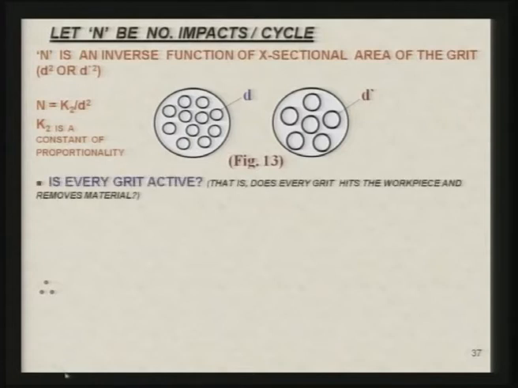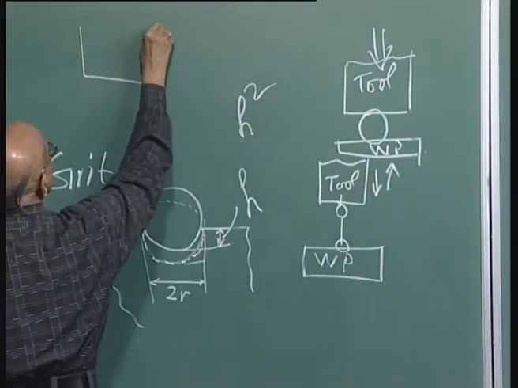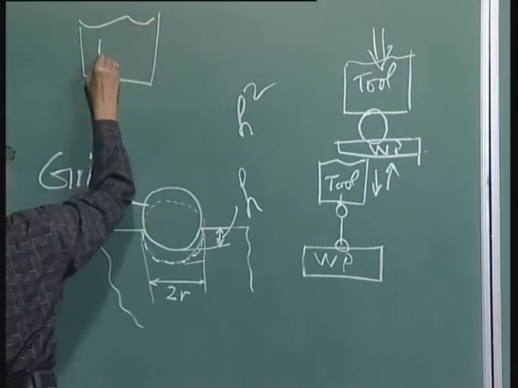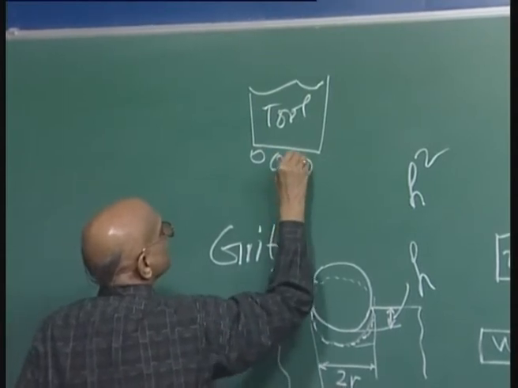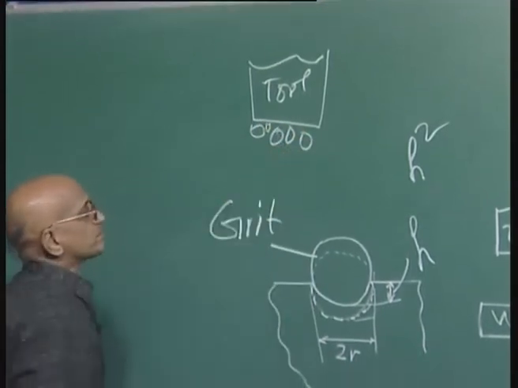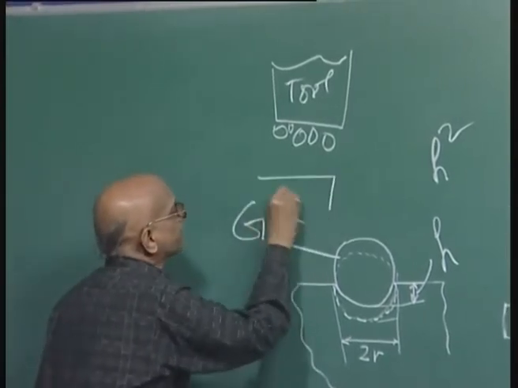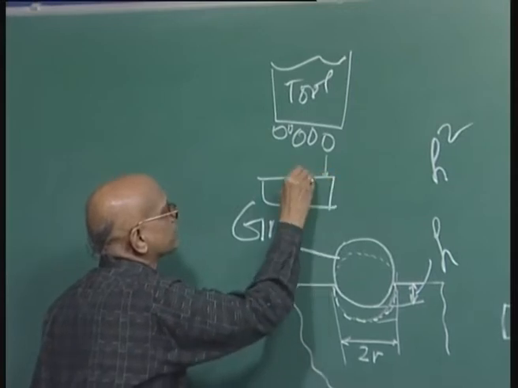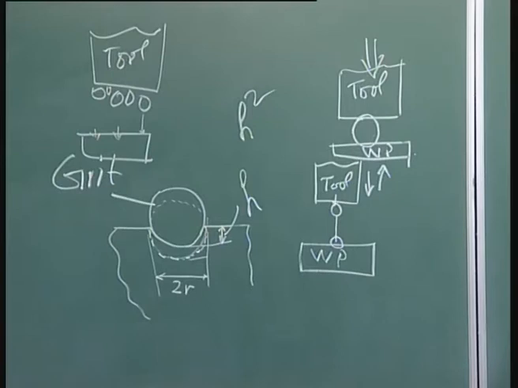Now, is every grit active? This is the question which arises, as you can see here in the figure. Suppose this is the tool and there are various abrasive particles. Whichever particle is hit by the tool, the question is whether every particle is reaching the workpiece and hitting the workpiece, or some of them just die out, their energy dies out while travelling from the tool towards the workpiece.